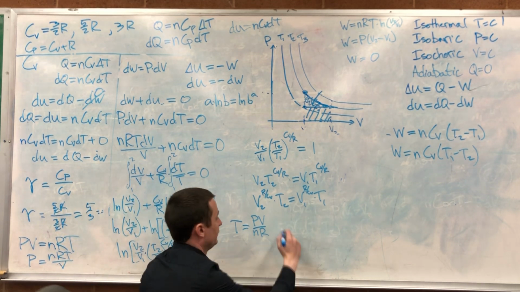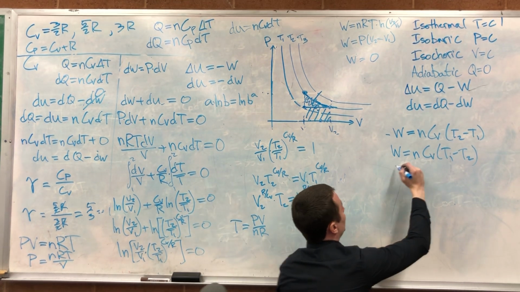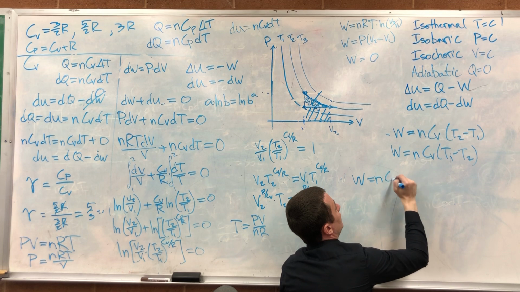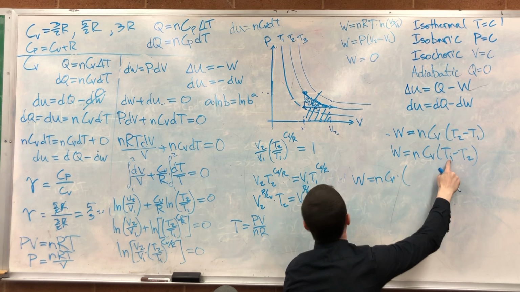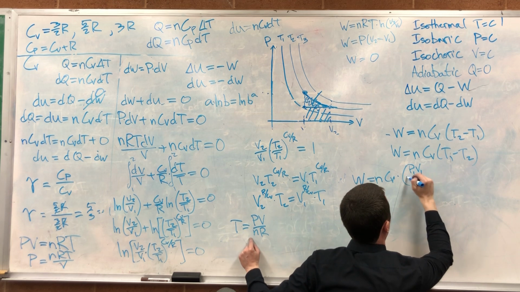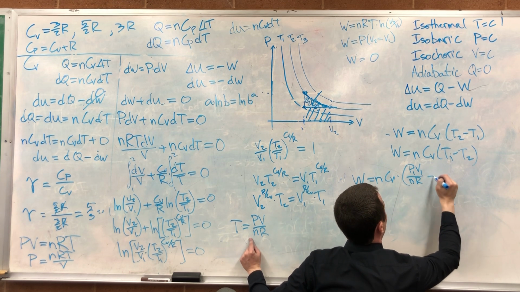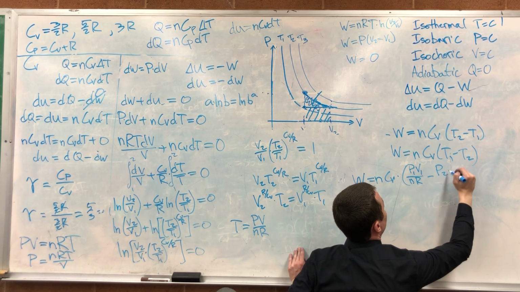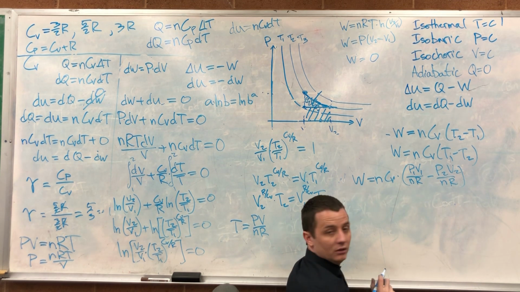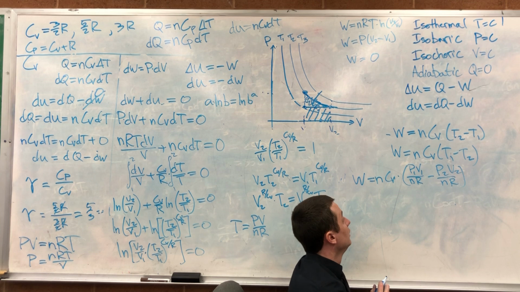Now we can also say work is equal to N CV times T1, which is P1 V1 over NR, minus T2, which is P2 V2 over NR.